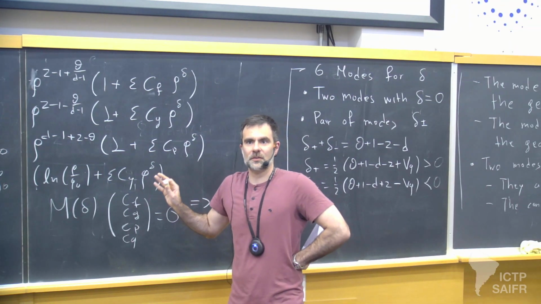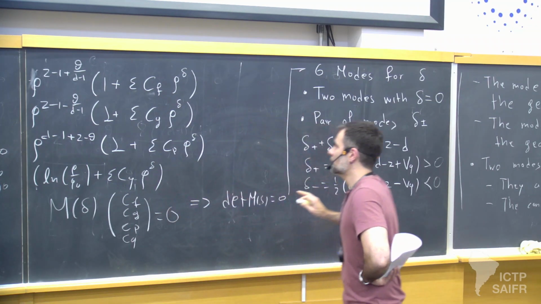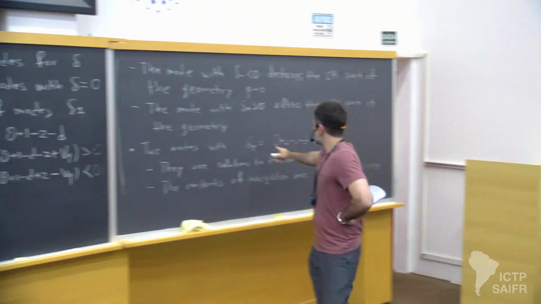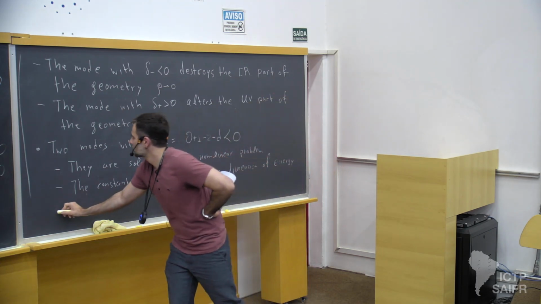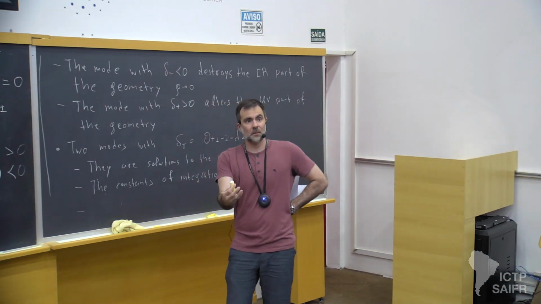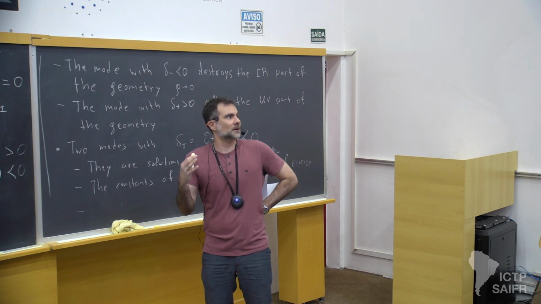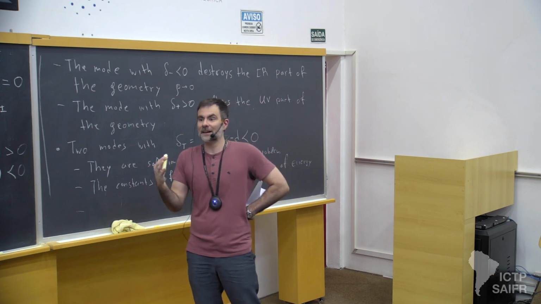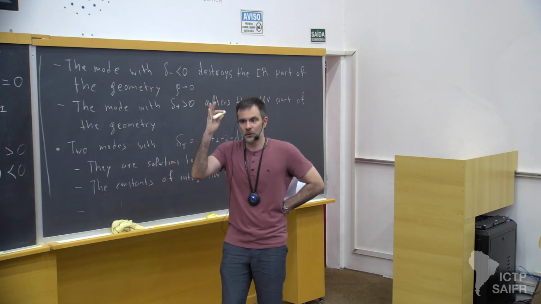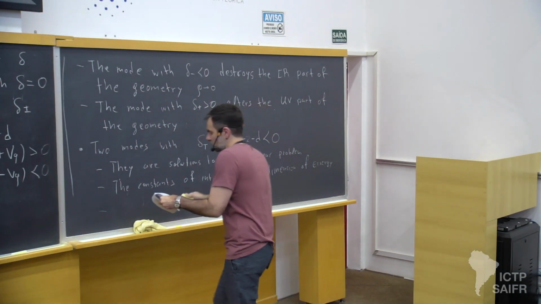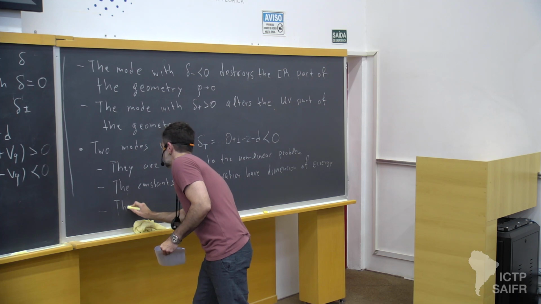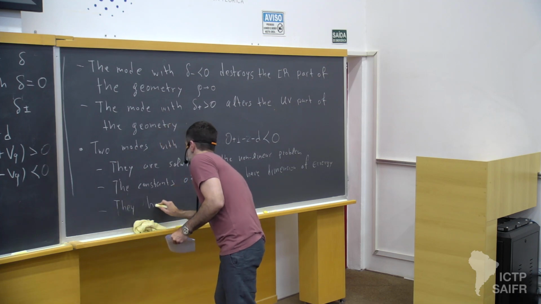I will not get something nice out of it. However, this is also a negative power, and they do change the IR part of the geometry, but in a very nice way. They actually create a small black hole. They introduce a horizon in the geometry. Okay, so these two modes can be used, as we will see, to heat up the solution.